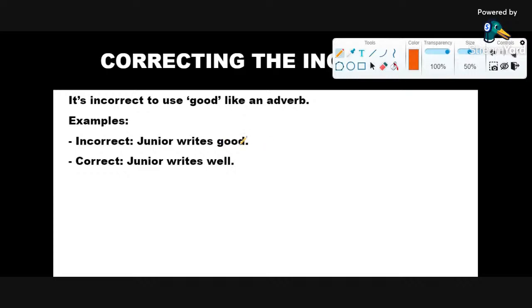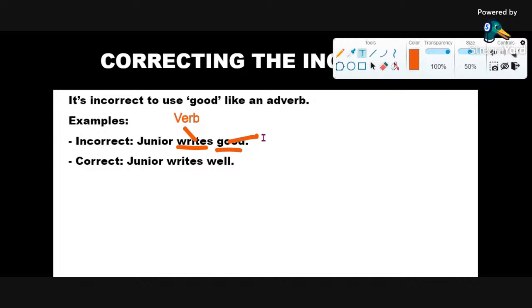So let's look at this error here. Junior writes good. We see? The word good is an adjective and the word writes is a verb. So this is the reason for this error. Let's really analyze this, okay? When you look at the word write, it is a verb.